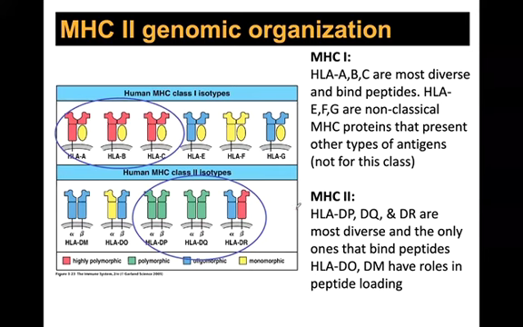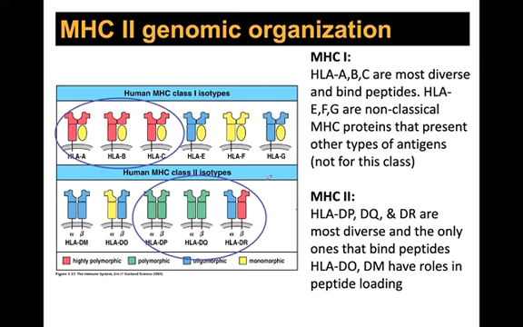Now, MHC1 are more diverse, and those bind peptides. There are other MHC1-like molecules, sort of non-classical MHC. These are HLA-E, F, and G, and these present other types of antigens that we don't discuss in this class. They present lipidated peptides or glycosylated peptides, but we're not going to cover those because it's important just to focus on the main MHC1.